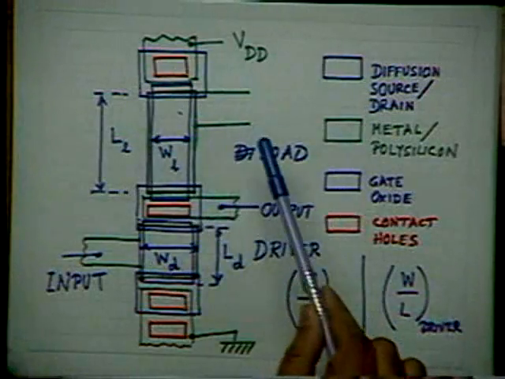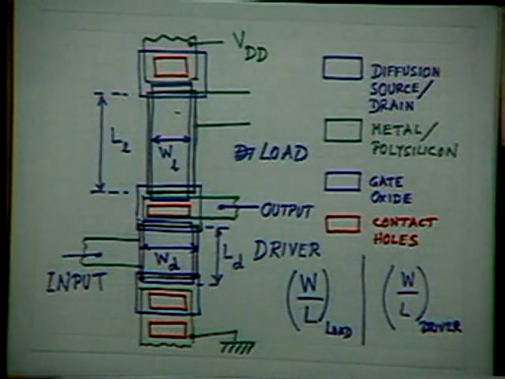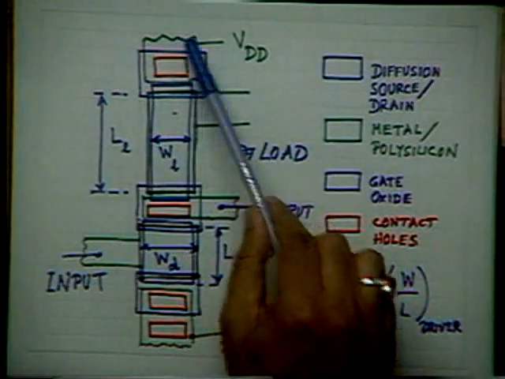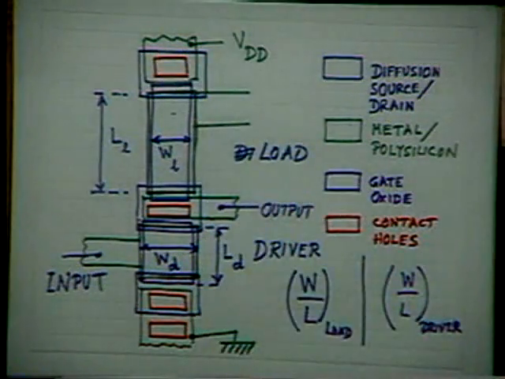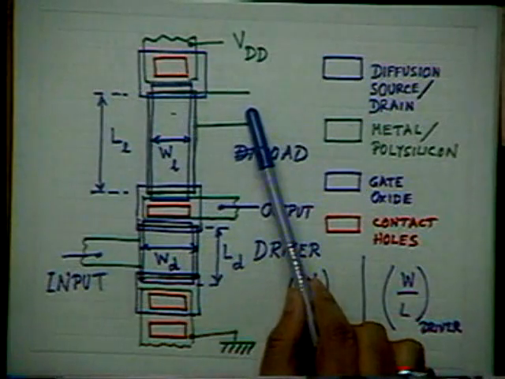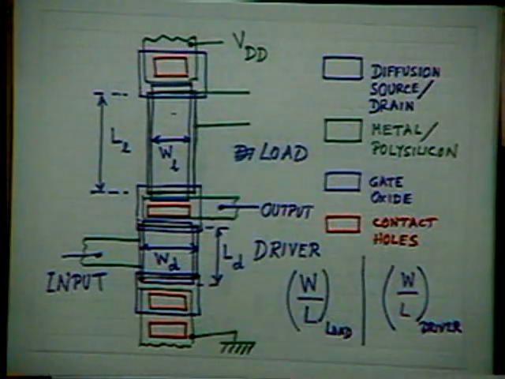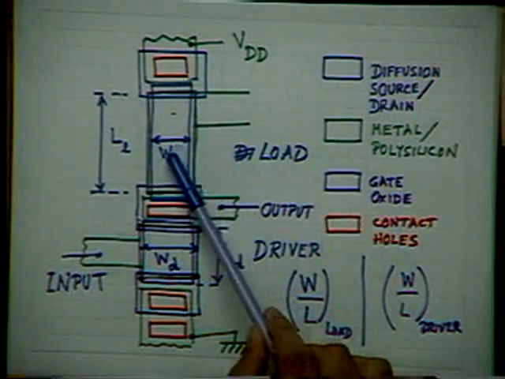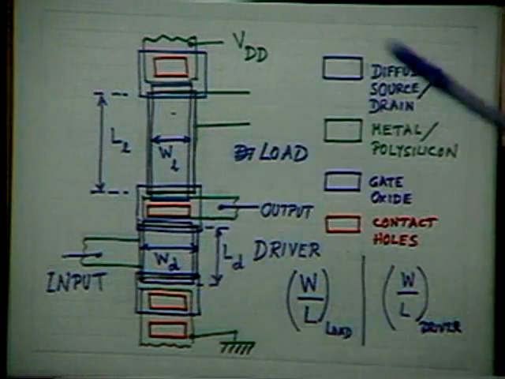We shall see afterward that if we use the NELS configuration, NELS meaning N-channel enhancement mode load in saturation, then we have the metallization designed in such a way that this metal and this metal are shorted. The gate of the load transistor is shorted with the drain of the load transistor. This is done usually to ensure that this transistor remains in saturation for the entire cycle of operation.